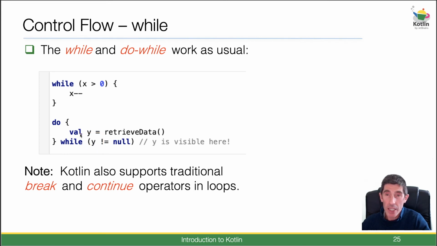So we might have had to declare it and get the data first outside our while loop, and then go off and do something and get it again and compare it. Whereas that's a nice little addition in Kotlin. Even if we declare it inside the loop, it's still accessible outside the loop.